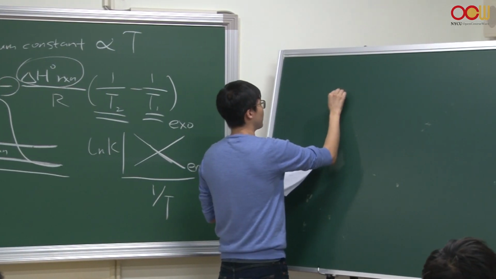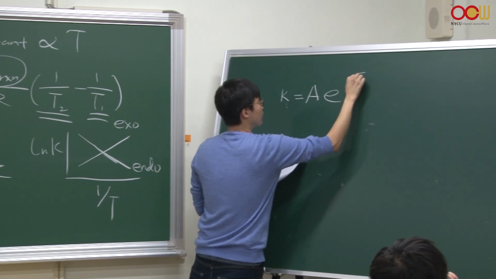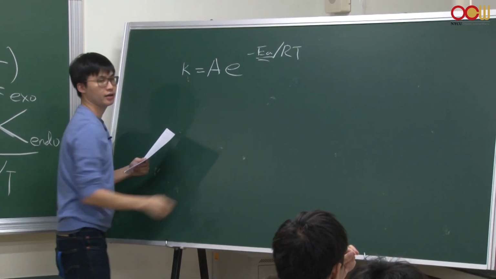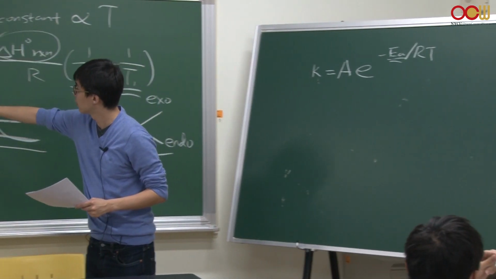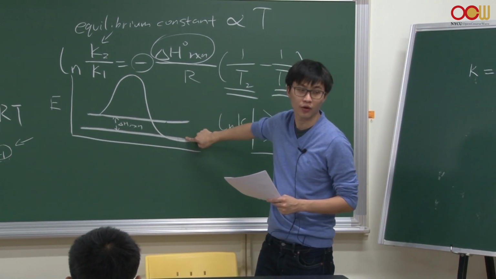This equation could be confused with the Arrhenius equation. So the Arrhenius equation really comes from this, and this Ea is activation energy. That is the energy barrier you have to go over to get to product, okay?